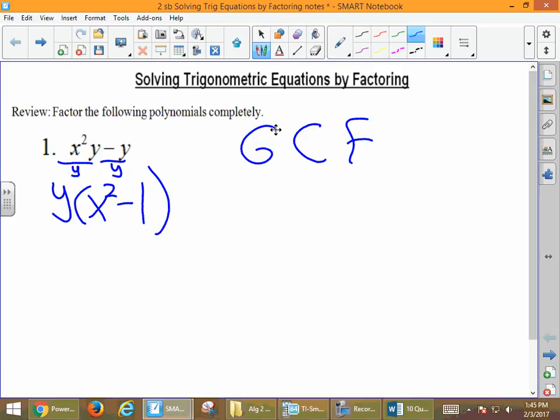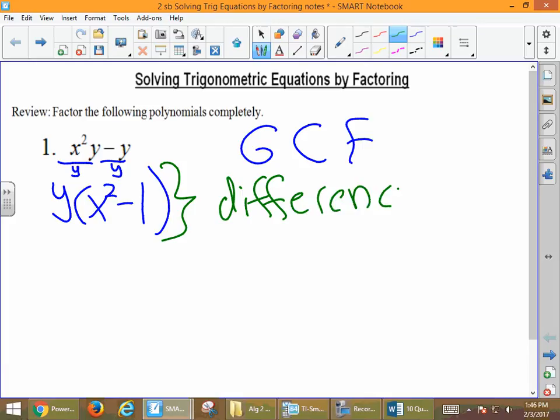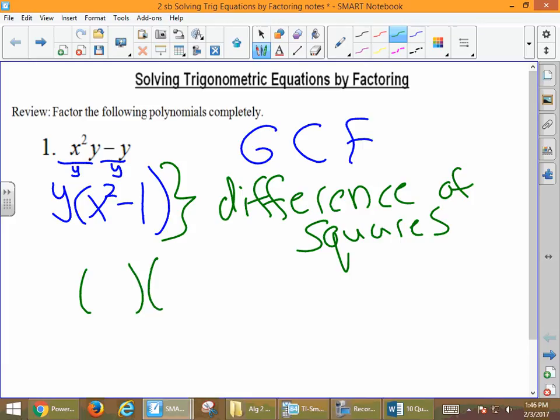So this is actually not completely factored all the way. There's one other step we can do, and some of you might have noticed it, some of you might not have. So this x squared minus 1 is a difference of squares. So when it's a difference of squares, we can split it up into two factors, with one that has a plus in the middle and one that has a minus.